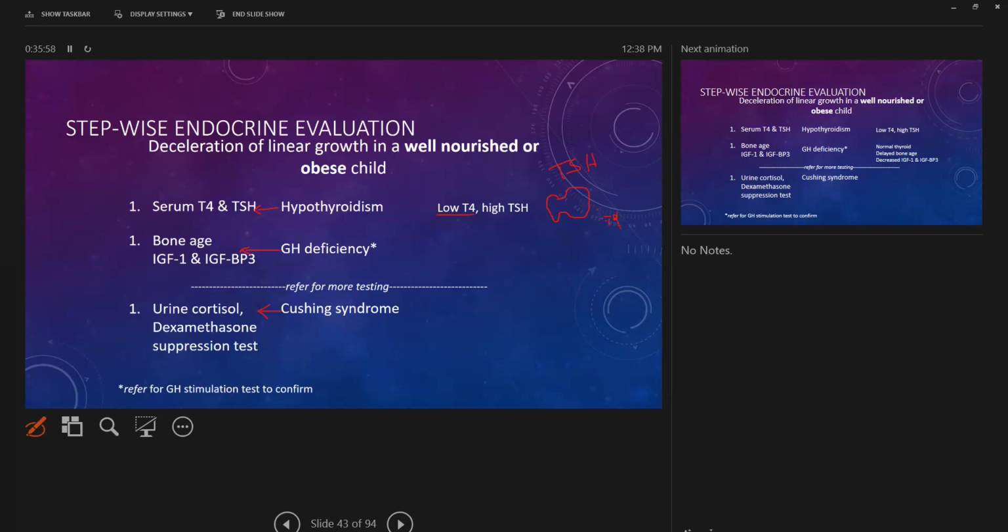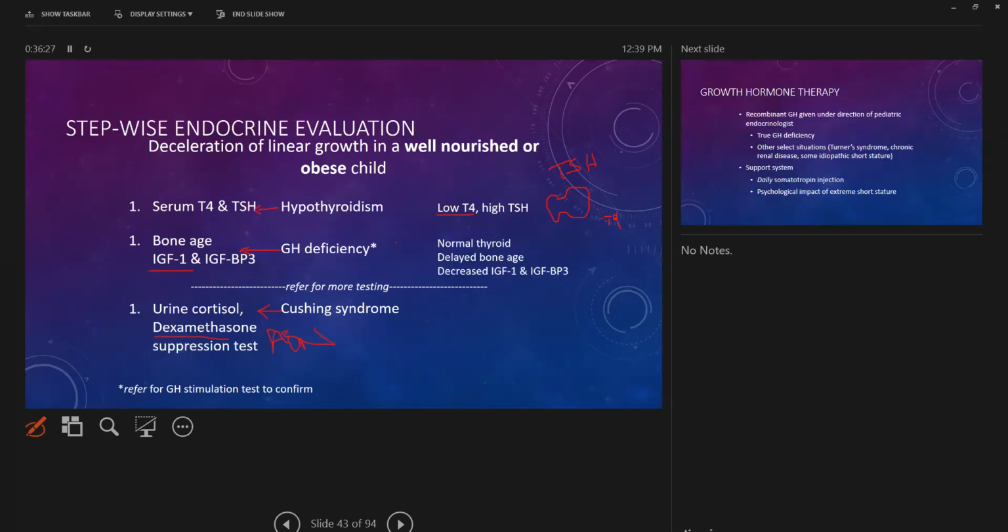In your GH deficiency, depending upon the deficiency, this could either be elevated or decreased. And with Cushing's, your urine cortisol level is going to be elevated because of the hypercortisolism, but the dexamethasone suppression test is going to be abnormal, all right?